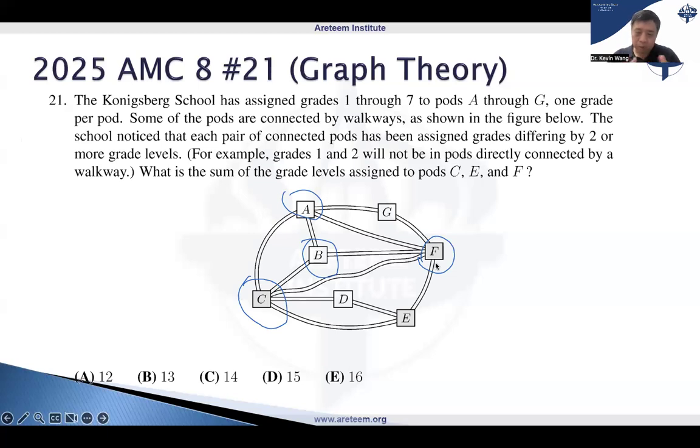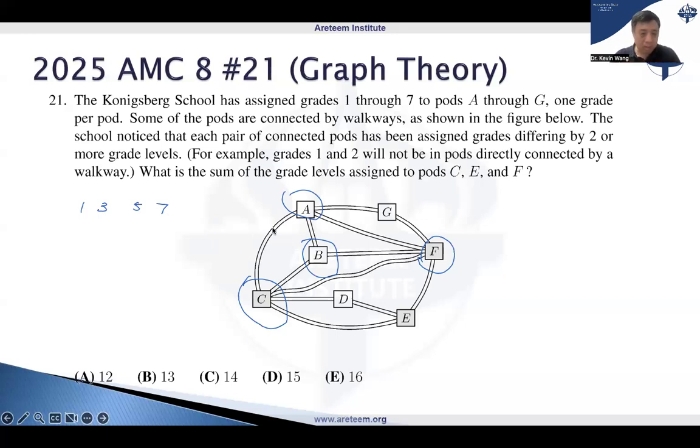Between any two of them, they cannot be consecutive. But with 1 through 7, the only way to pick four non-consecutive numbers is 1, 3, 5, 7. So those four have to be A, B, C, and F. I don't know which is which yet, but we know these four have to be 1, 3, 5, 7.